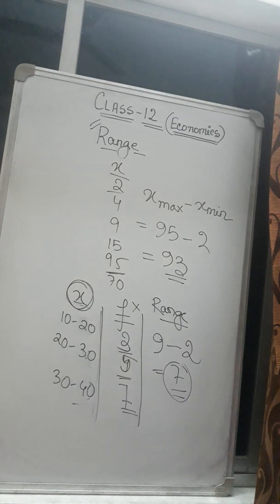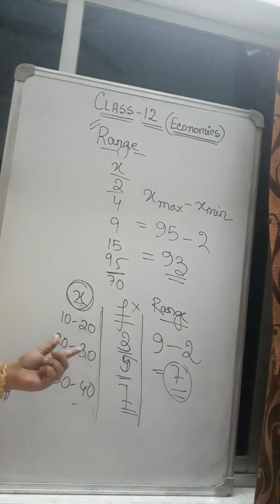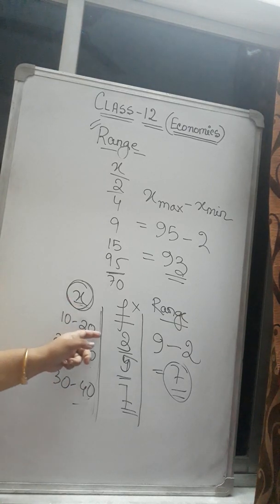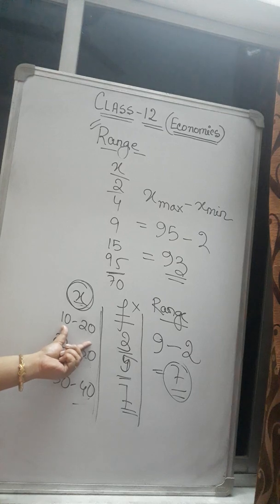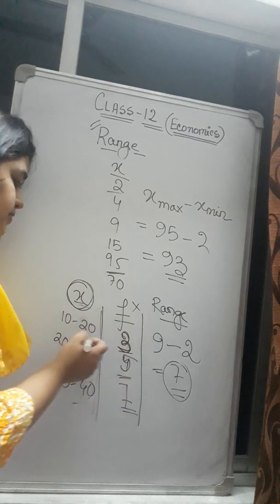It signifies that the marks are lying between 10 to 20. So anyone can get 11, 16, 15, but it lies within this range. And how many students are there? There are 3 students who have got marks within this range.